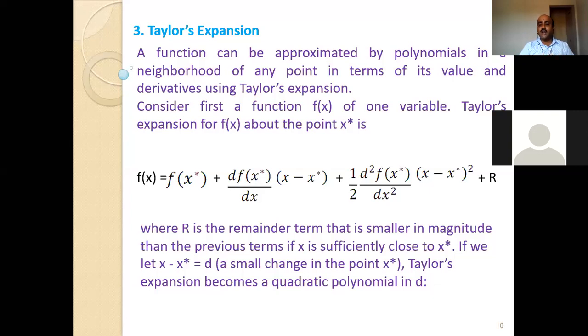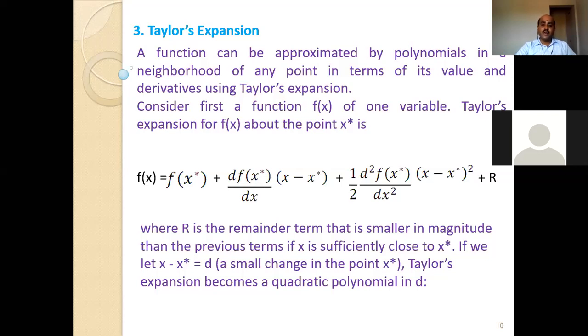When we consider x minus x star, the small change in the point x star, in the sense that x star is a point very close to x in the vicinity of the function f of x, then the Taylor's expansion becomes a quadratic polynomial in d, where x minus x star is equal to d.